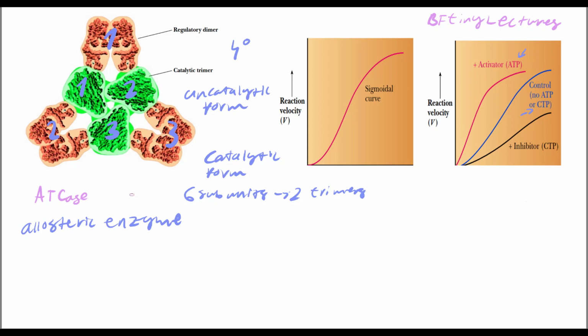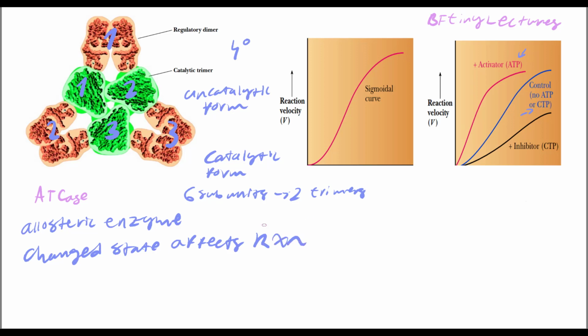Okay, so why is that important? Well, it's important because allosteric enzymes, whenever they bind to something, the changed shape affects the reaction. So changed state affects reaction, and we'll just call that RxN for reaction, okay?